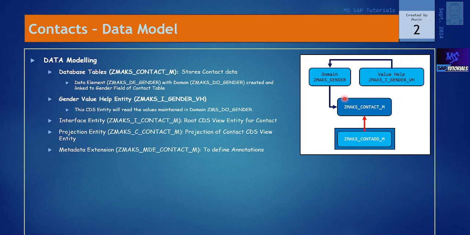The one that I have shown here will be another table that we will look into going ahead in this series, as a separate additional association for addresses that can be linked to contact. The plan is to have a fully functional transactional application created for contact first.